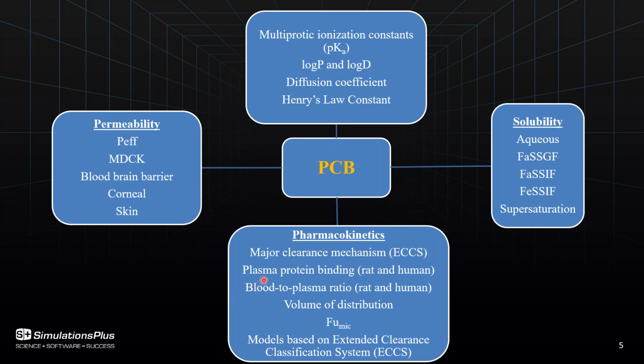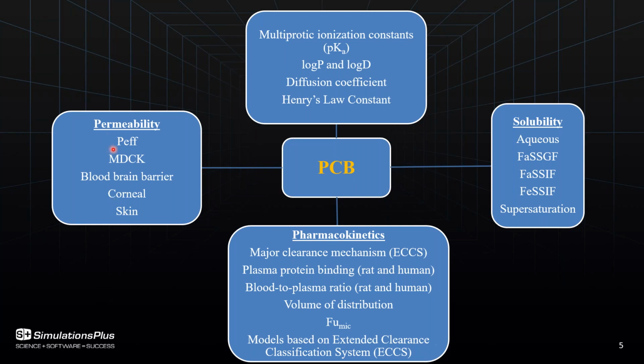We also have models to predict plasma protein binding in both rat and human, and blood to plasma ratio in rat and human. We have a QSAR model that will predict the volume of distribution. We also predict the fraction unbound in liver microsomes. And then we have several models based on this extended clearance classification system. One of them is a ternary model that predicts if it's renal, hepatic uptake, or metabolism.